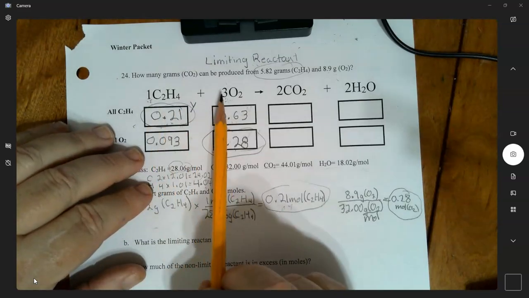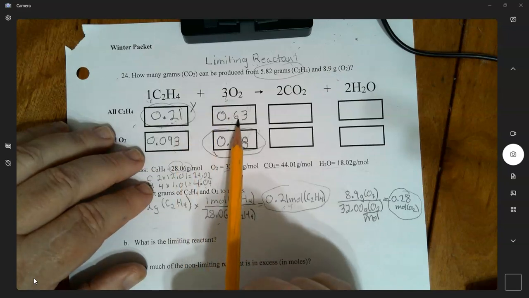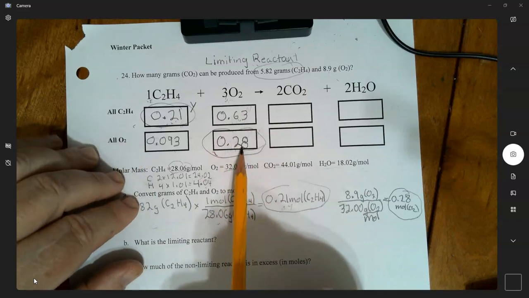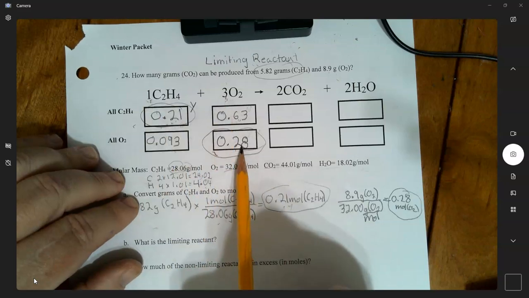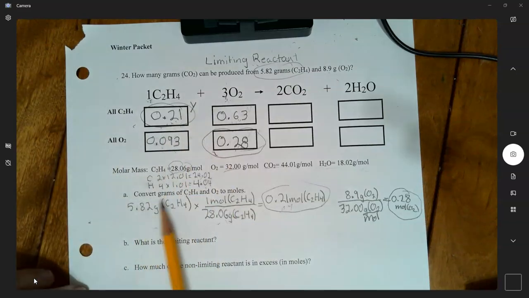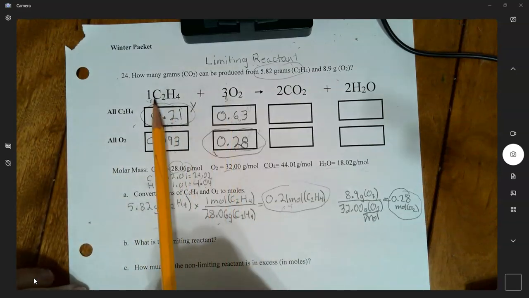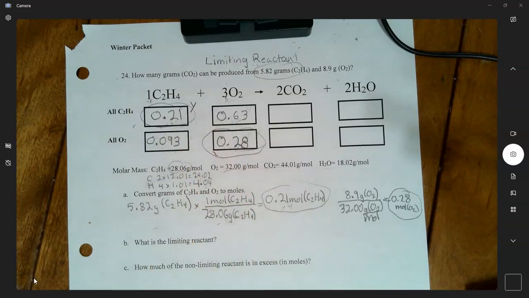In order to combust all the C2H4, we need 3 times as much O2. So to combust all the C2H4, we need that much O2. That's 3 times as much. Now, if we want to combust all the O2, we need 1/3 as much. For every 3 moles of this, we need 1 mole of this. So we divide this by 3. The way to check your work here is simply to say, this number is 3 times this number, and this number is 3 times that number. Okay, so we now have our reactant set up.